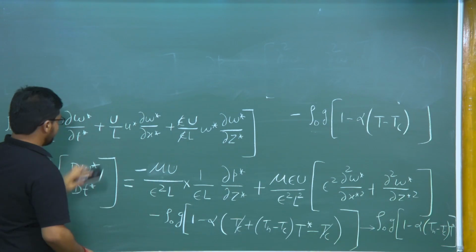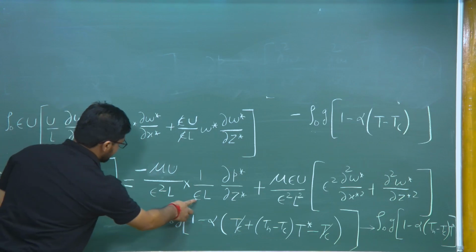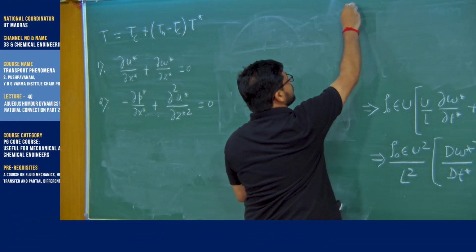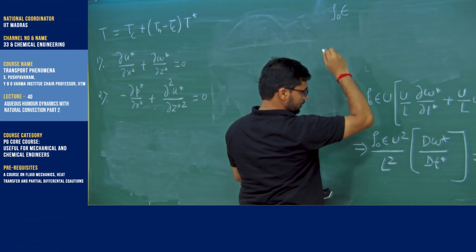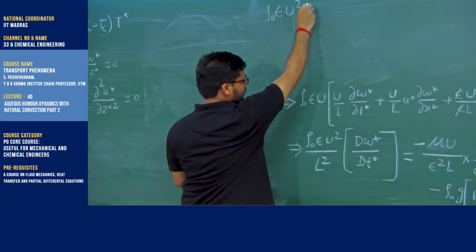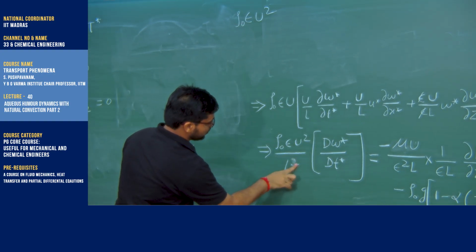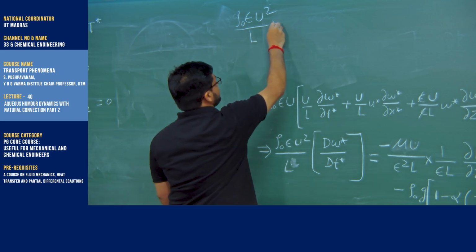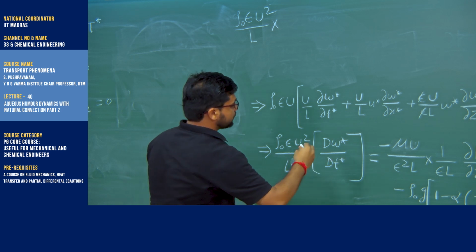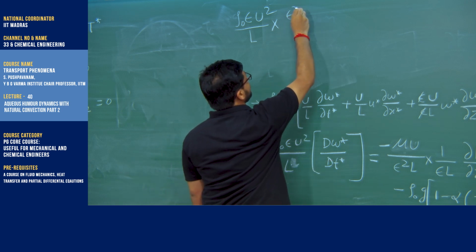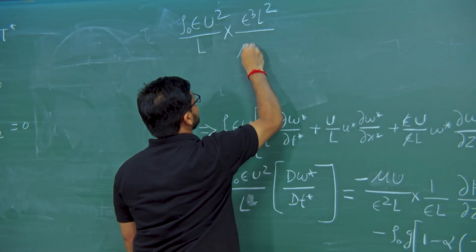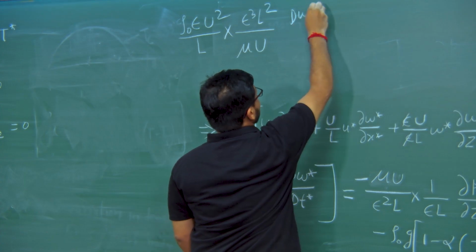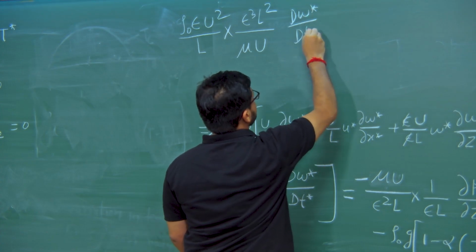So, I will multiply both sides with epsilon cube L square by mu U. So, here it will become rho naught times epsilon times U square by, so this is L only, not L square, right, because L is only coming, since I am multiplying by epsilon cube L square by mu times U, and this will be d of W star upon d of T star.